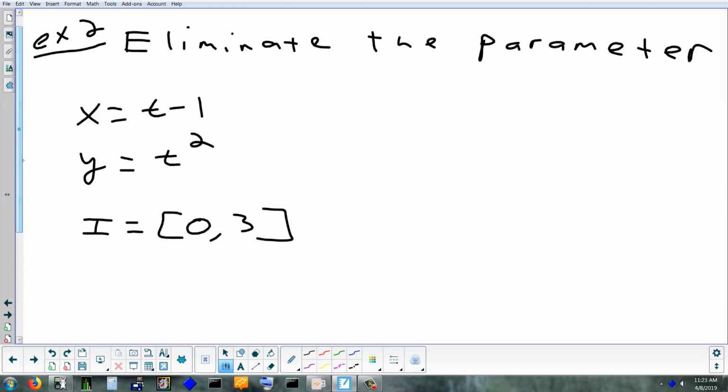All right, so what's my first step to eliminate the parameter? Find the start and end points. We're going to need that eventually, but we can write the formula first. You can write the formula first and then tell me where the formula is drawn after.